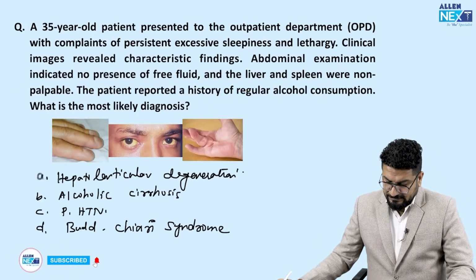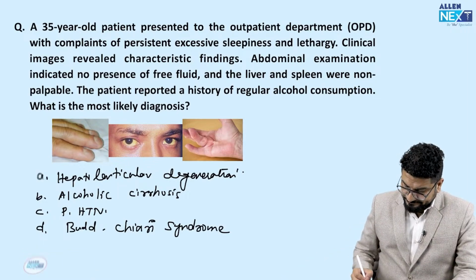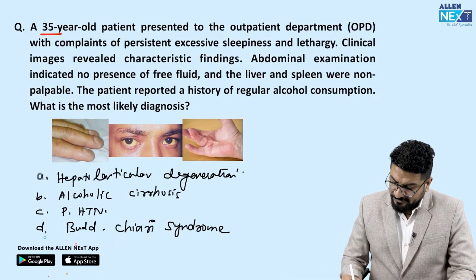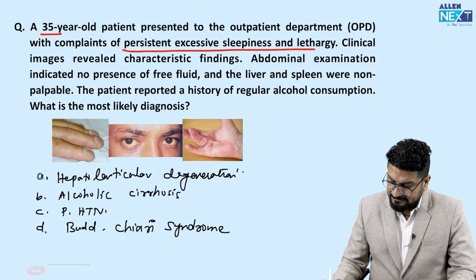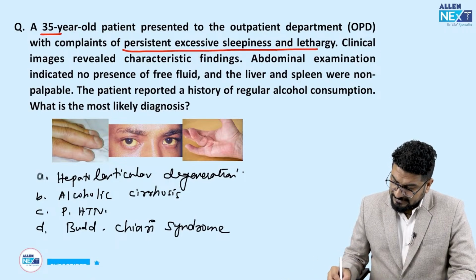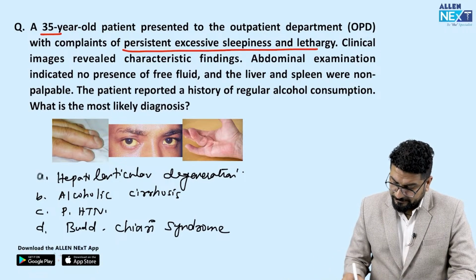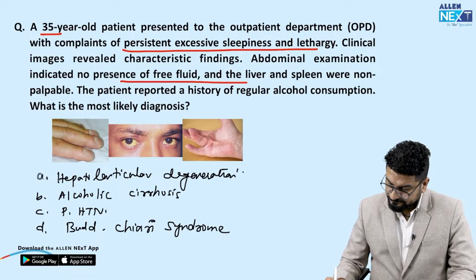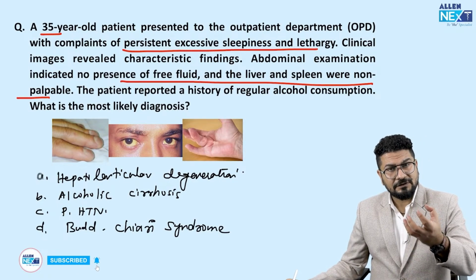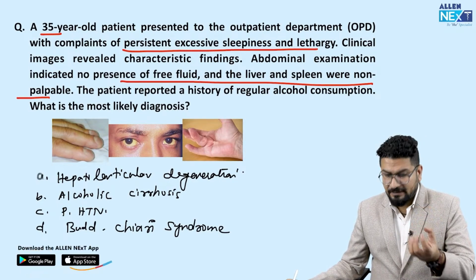Okay, in this question, a 35-year-old presented to the outpatient department with complaints of persistent excessive sleepiness and lethargy. Clinical images reveal a characteristic finding. Abdominal examination indicates no free fluid, and the liver and spleen were non-palpable. Liver and spleen not being palpable means the liver is shrunken.